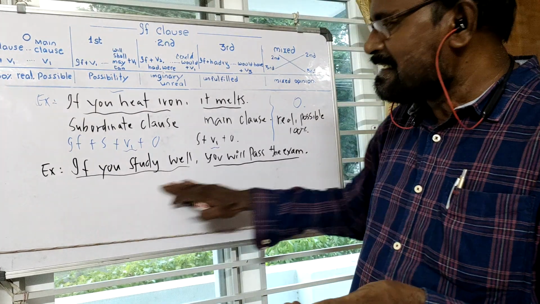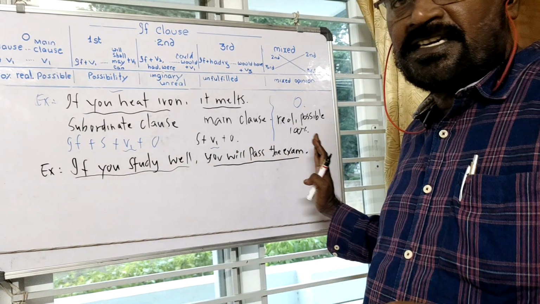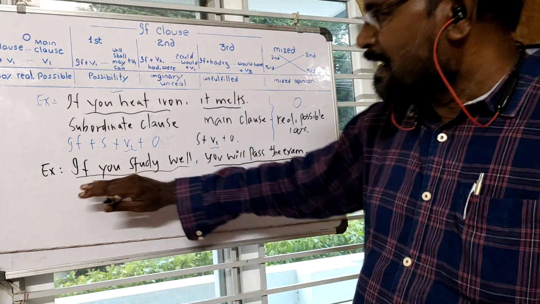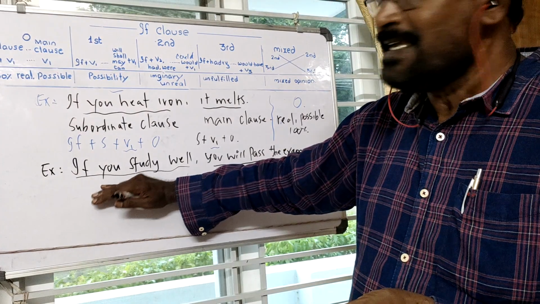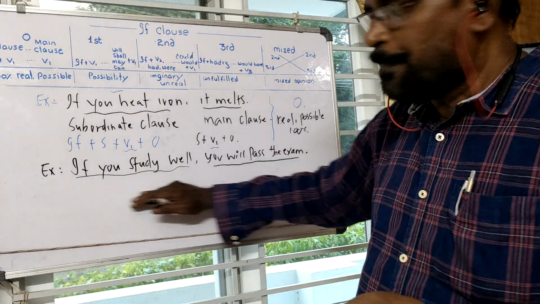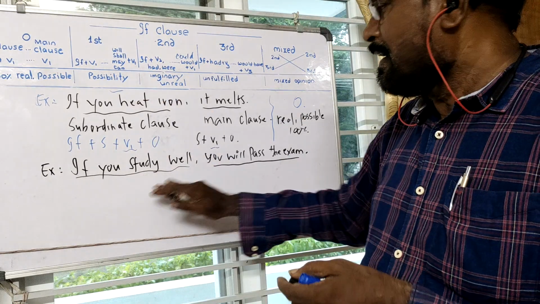This part of the sentence is not giving complete meaning. When we read the remaining sentence, the main clause, you will pass the examination, then it gets its complete meaning. When it depends on the main clause, then it is meaningful.